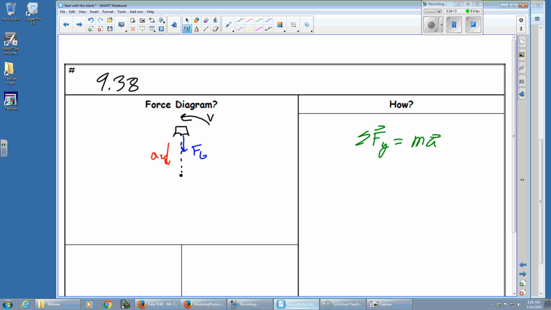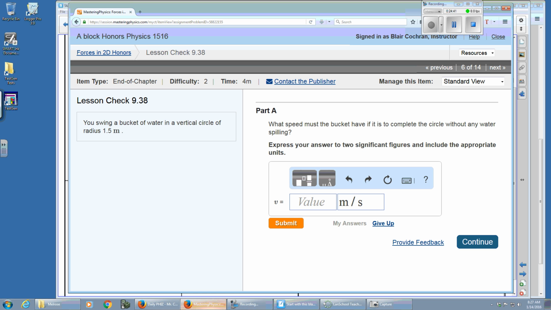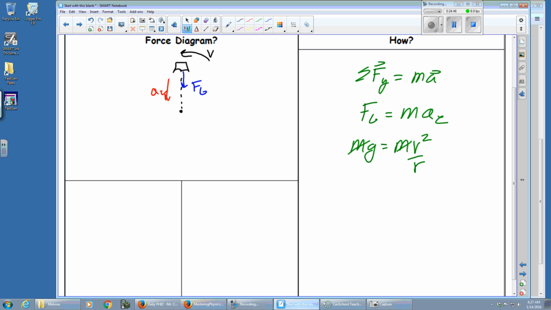We have the weight, and that's creating the net force that provides the centripetal force. So you have mg equals m v squared over r. The m's cancel, so it doesn't matter how much water's in the bucket. You know g because you're on the Earth. I think they tell you r, 1.5 meters. And they're asking you to find v. So solve for v.